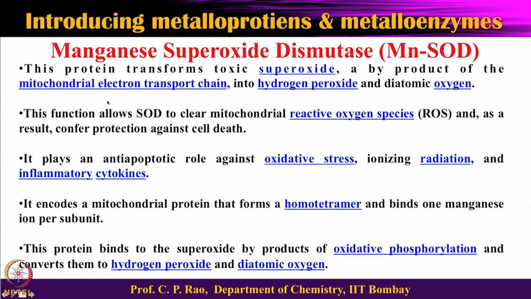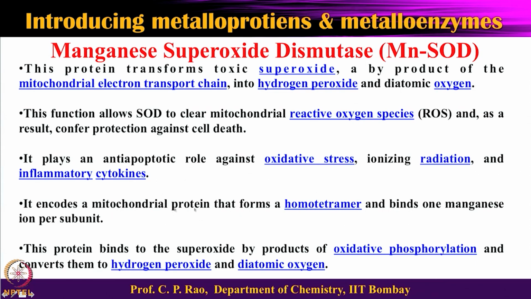Of course, this is very vital in the cells because it will protect the cells from the reactive oxygen species, and thereby it will protect the cells from apoptotic cell death. So, in other words, it protects against oxidative stress.